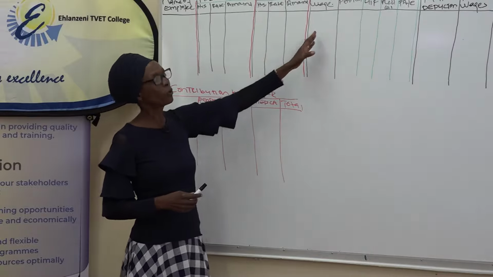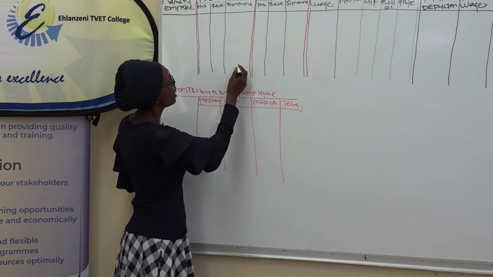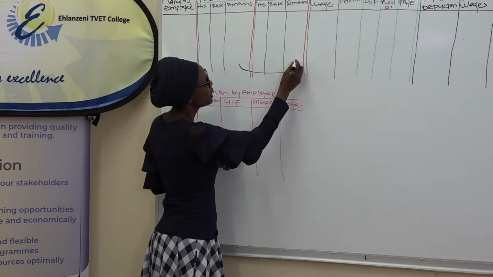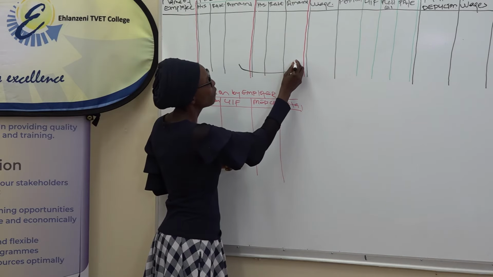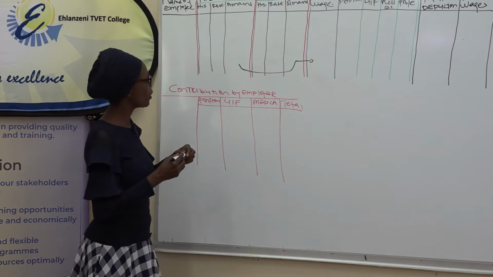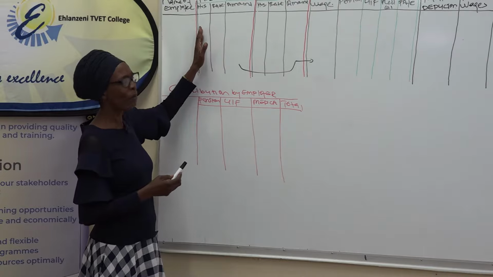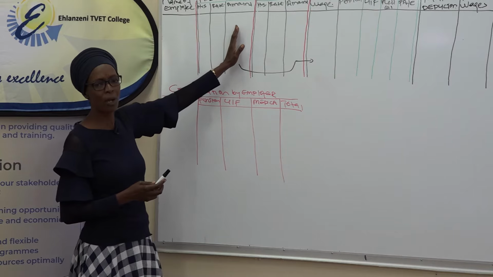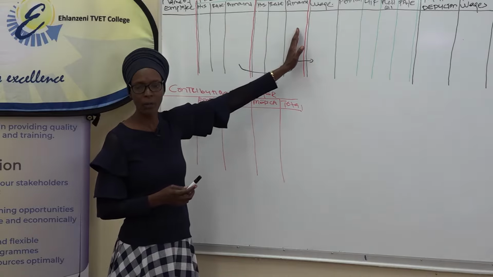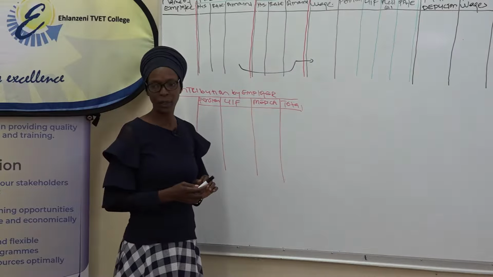If we go to the gross wage column, you add the amount for normal time and the amount for overtime. It gives us the gross wage. You don't add the rate or the hours, you only add the amount of normal time and the amount of overtime.